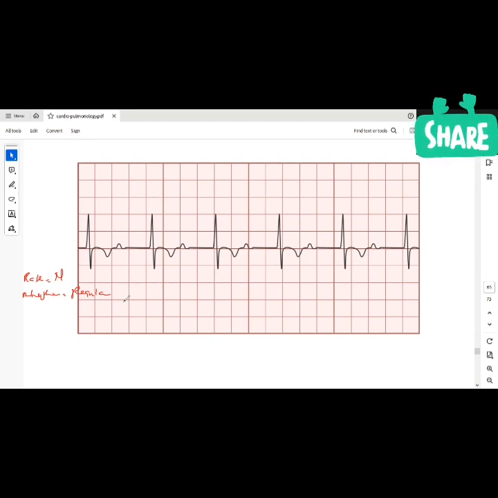Where's my P wave here? Your P wave is here. For some reason, I can't see your cursor. So which wave is the P wave on the ECG?